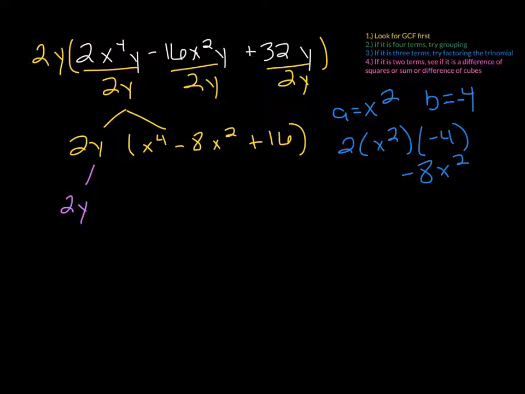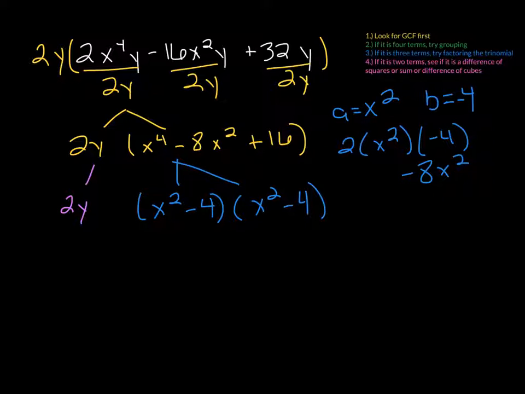So this would be x squared minus 4 times x squared minus 4. If it were our final answer, we would use an exponent of 2 instead of writing it twice.